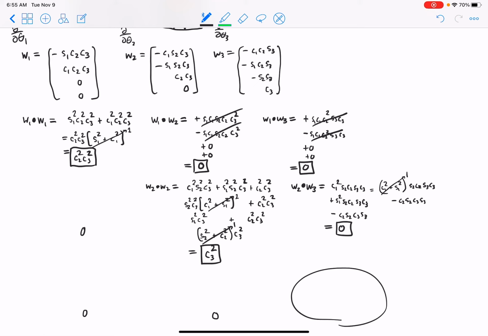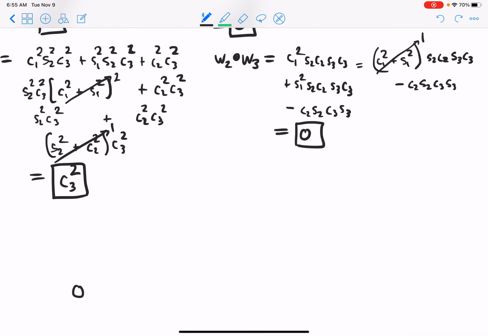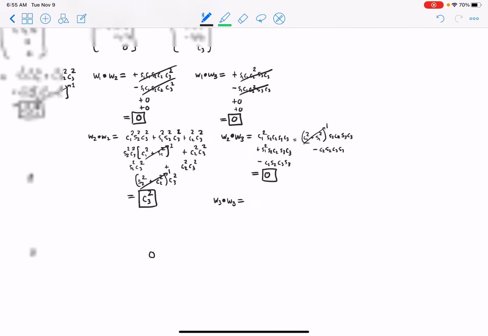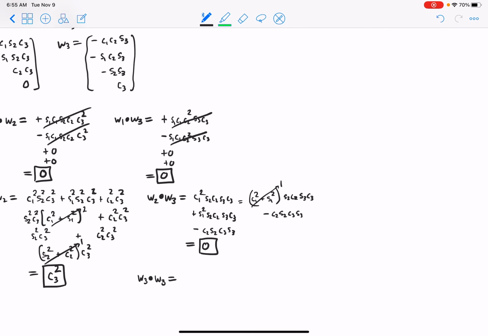We only have w3 dot w3. Equals. Okay, so let's look up at w3. We have to take the sum of squares.